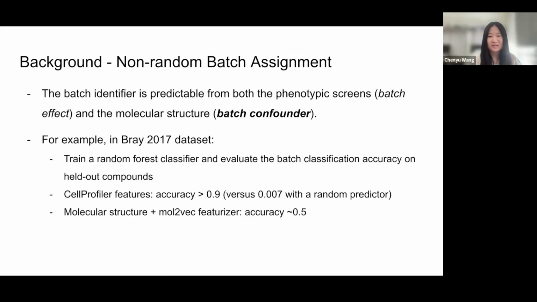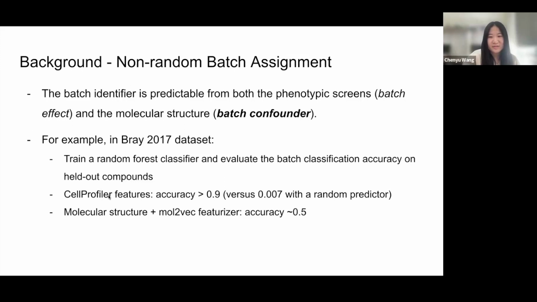And the fact that it is predictable from both the phenotypes and the structure means that the batch is actually a confounder. So for example, in one of the cell imaging datasets that we are using, we trained a very simple random forest classifier and evaluated the batch classification accuracy on held-out compounds.